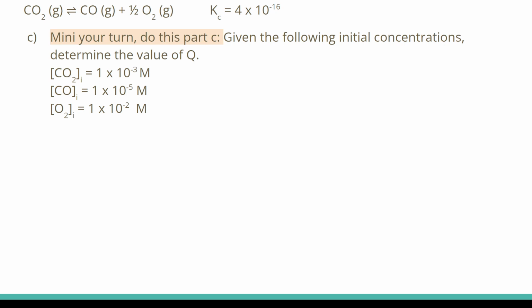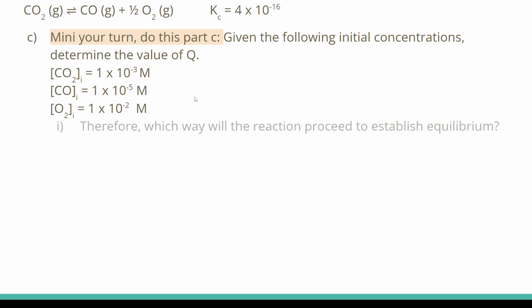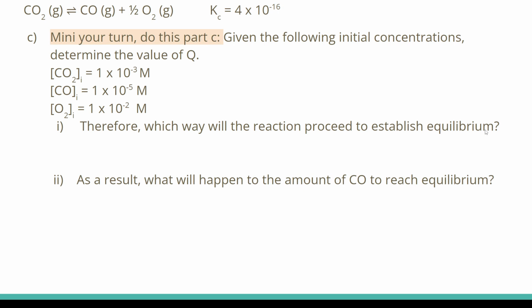And so because the Q is greater than K, that means I need more of the denominator. And as a reminder, the denominator is reactants because K is written as products divided by reactants. And so since my Q value is bigger than K, I need more reactants. So I'm going to increase the reverse rate to reach equilibrium.